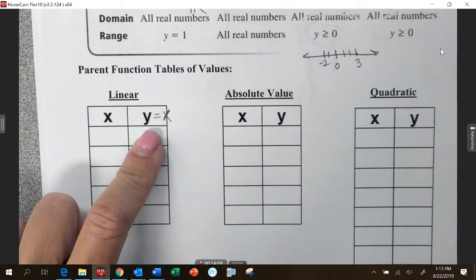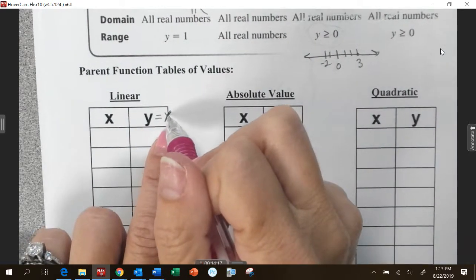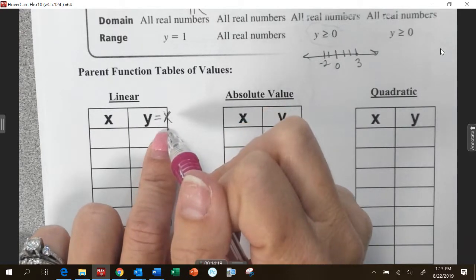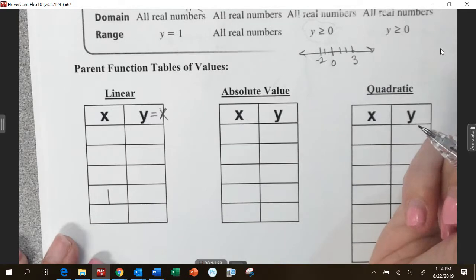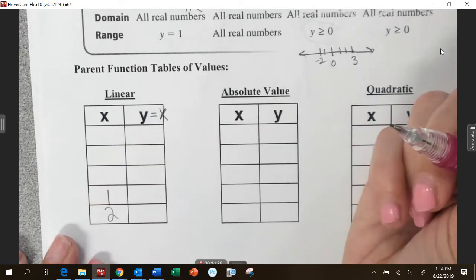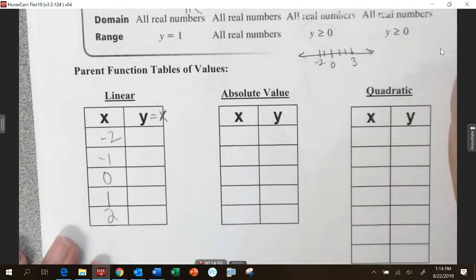When we make a table, it is very helpful to have different kinds of numbers in the table. What kinds of numbers can we easily plug in for x? 1. Okay, I'll put 1 in there. What else? 2. What else? 0, -1, -2.